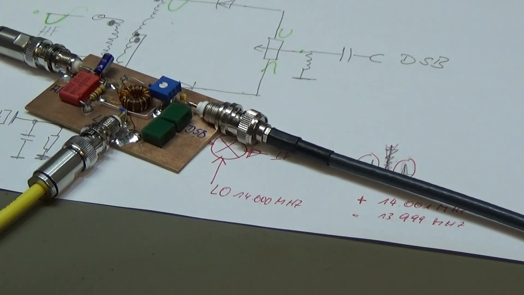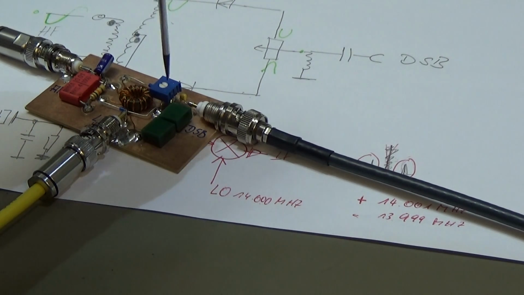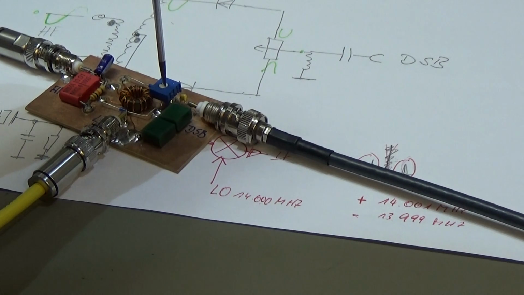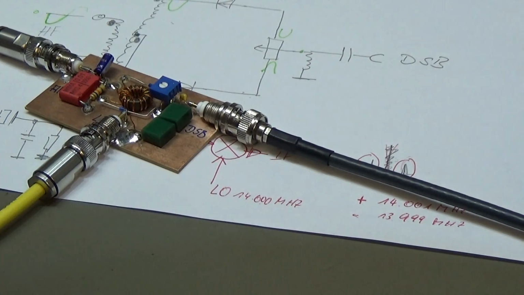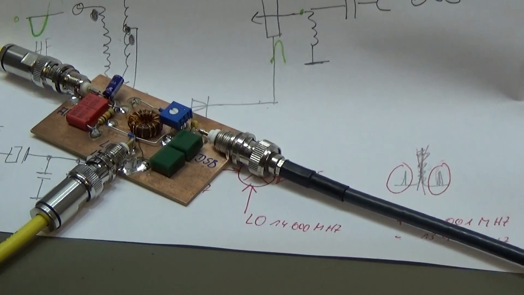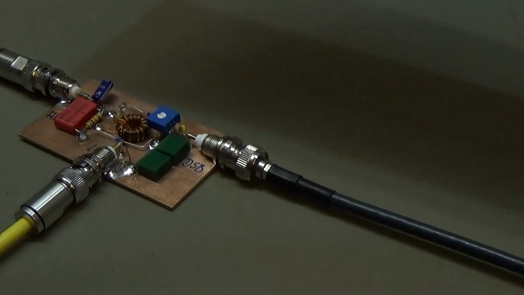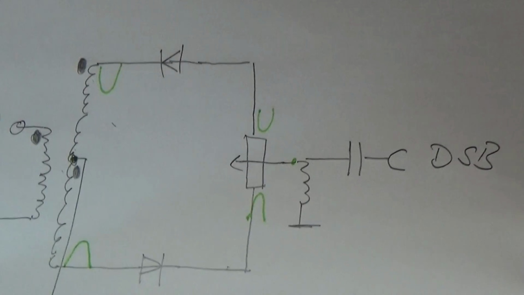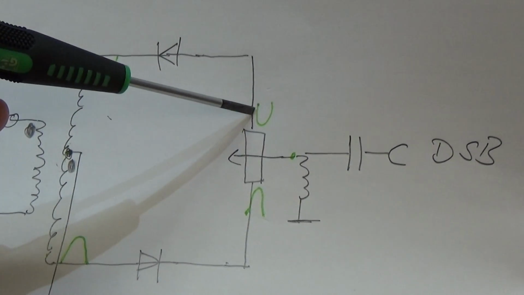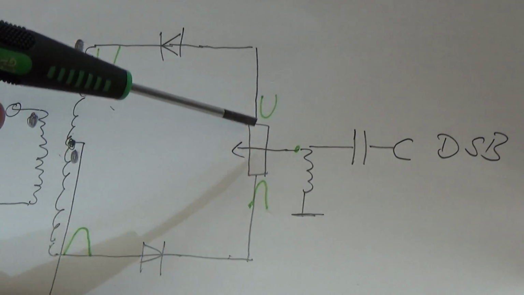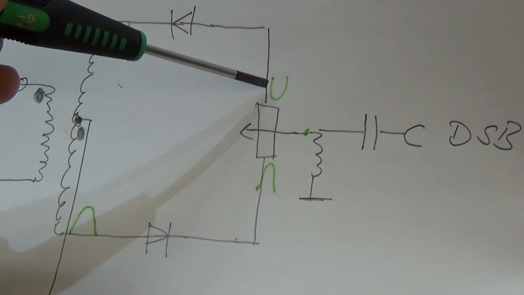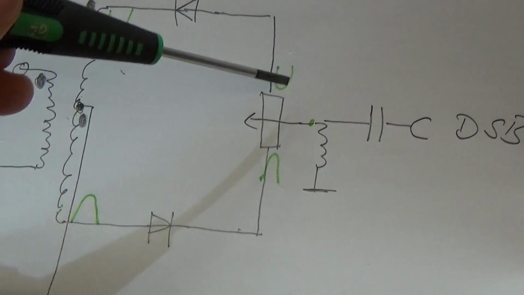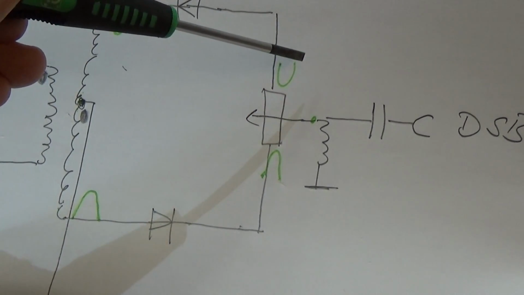Therefore I'm going to turn it now, and we want to see if we are able to get a better balance in our circuit. Remember what we really need to get a good balance: we need our 180 degree phase shift, and of course we need equal levels.